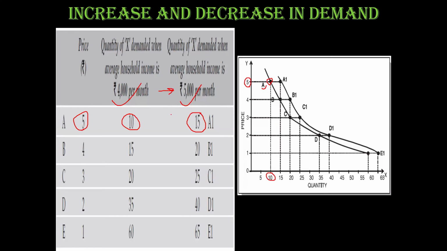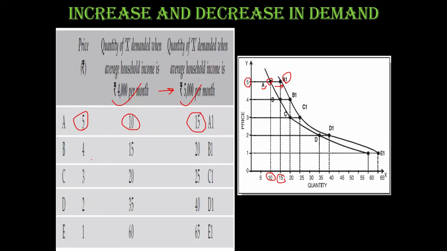Price was 5 only, but our demand increased because of income. Because of the rise in income, our demand became 15 units. You can see 15 here. When demand increased to 15 units, the point connects here. The point A1 is there. So we can see the rightward shift of the demand curve. This is right side shift or rightward shift of the demand curve.